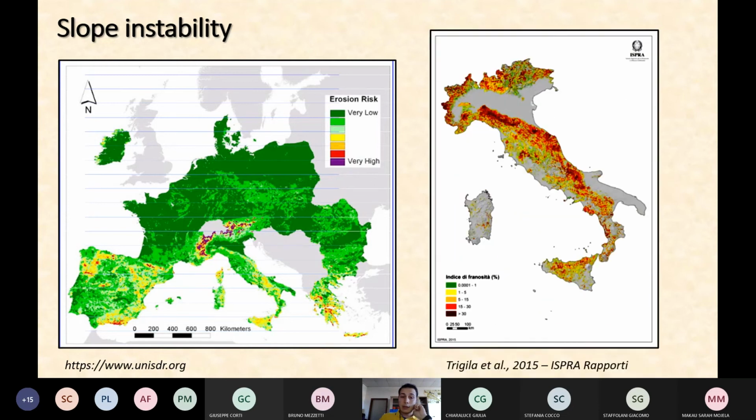But we can also study the landslide index that, in contrast with the previous map, is studied mainly from a historical point of view, looking at the landslides that occurred in the past.